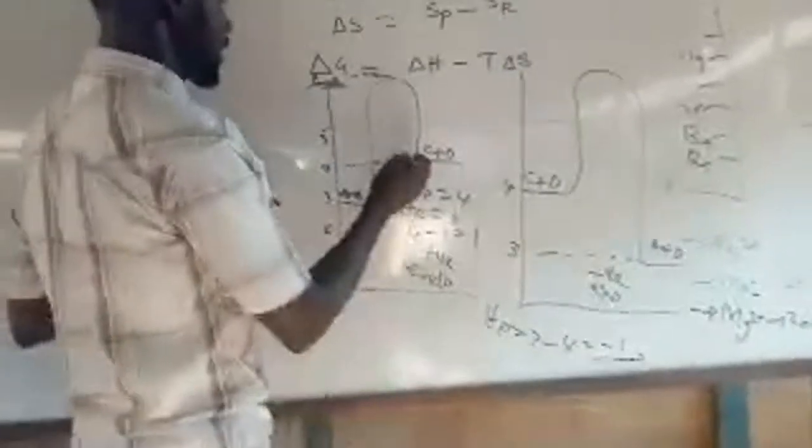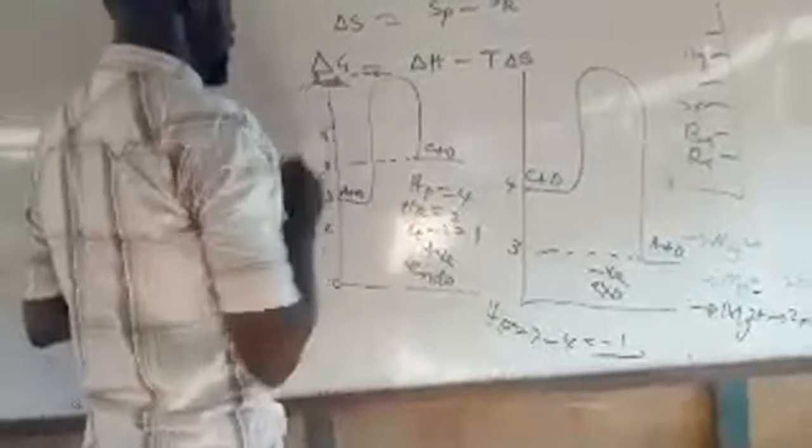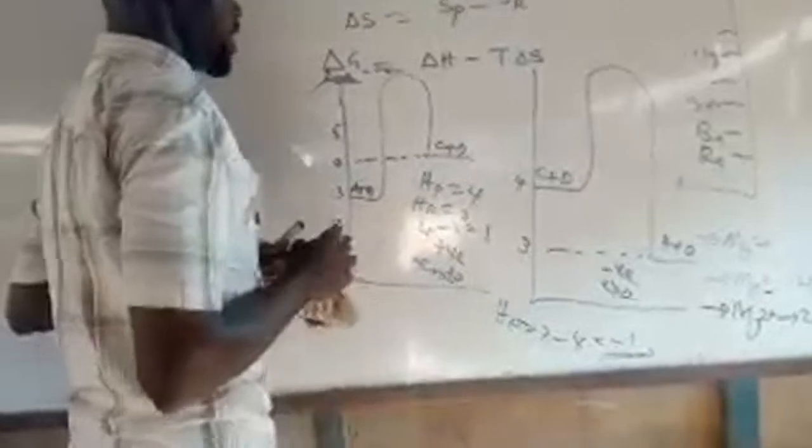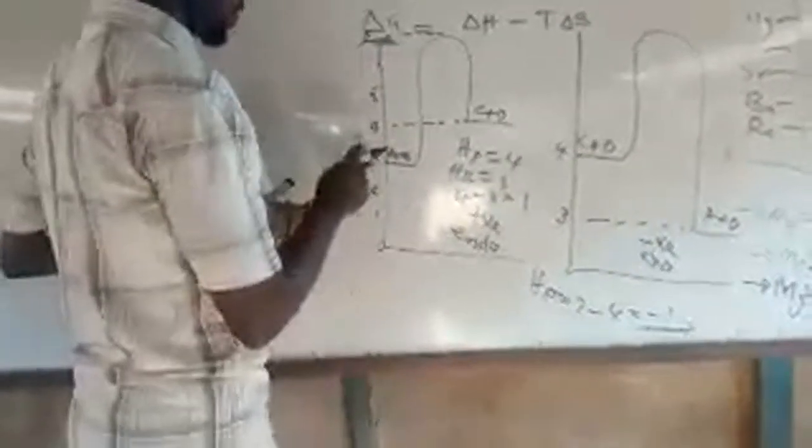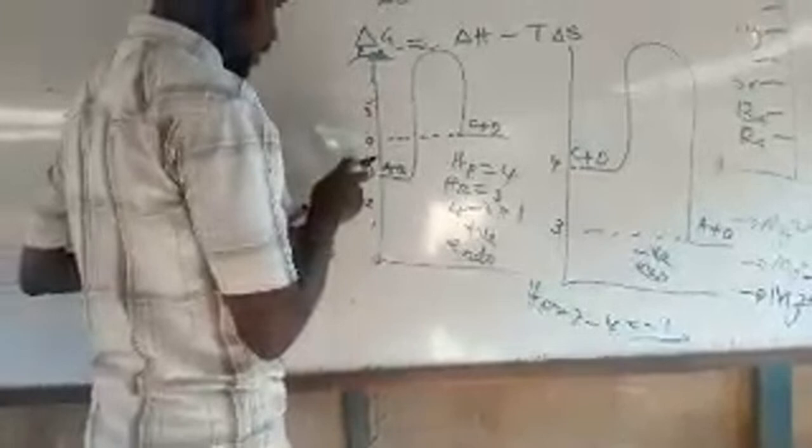So these are the possible questions that they may give to you. Then there is what we call activation energy. Yes, in this energy profile diagram, the heat of reactant is 3. The heat of product is 4.